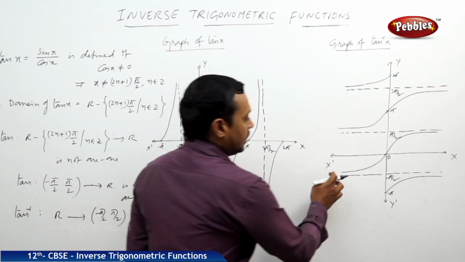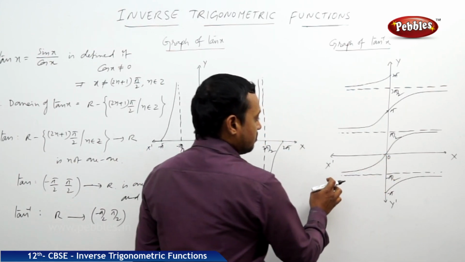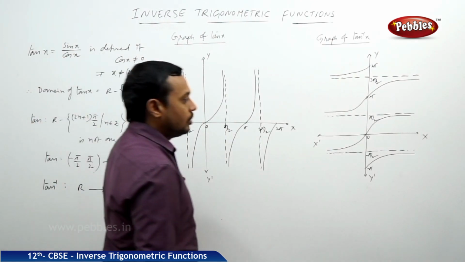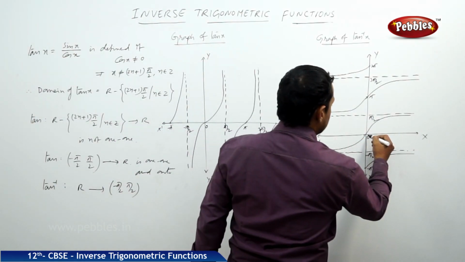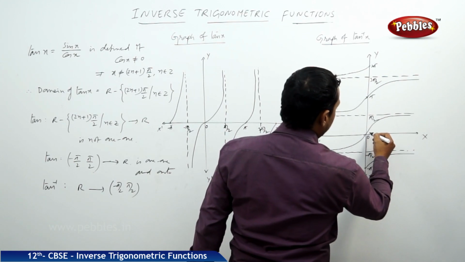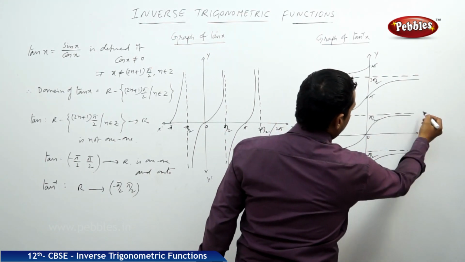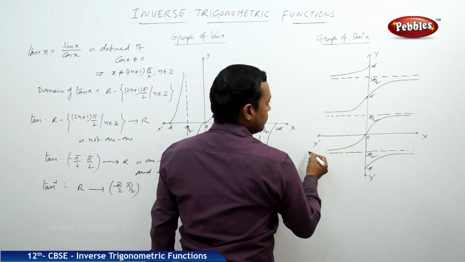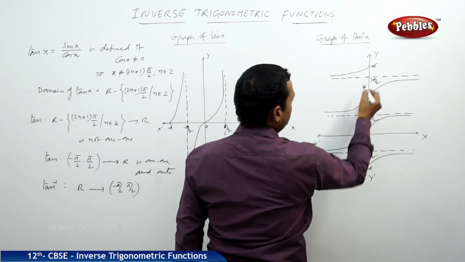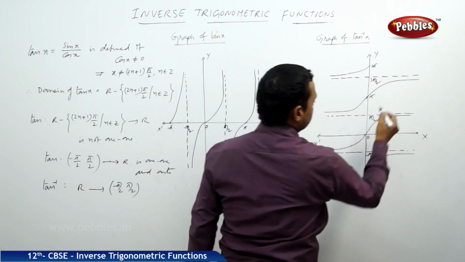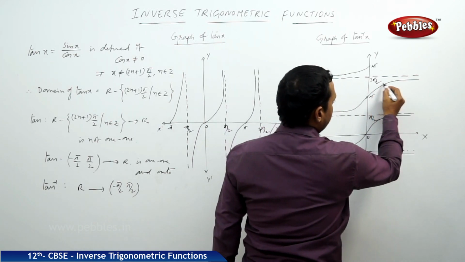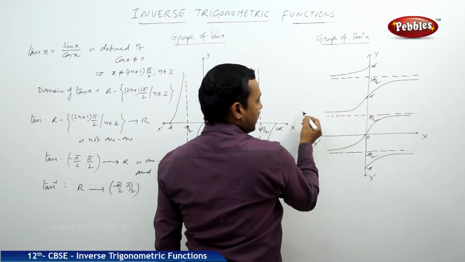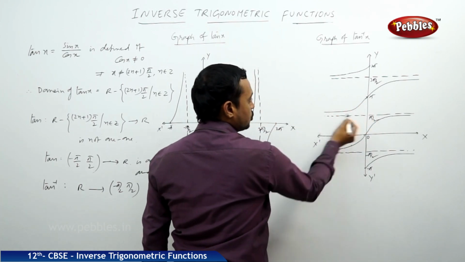So that is the graph of tan inverse x over R. Here tan inverse 0 is equal to 0, tan inverse of infinity tends to pi by 2, and tan inverse of minus infinity tends to minus pi by 2. Similarly, in the interval pi by 2 to 3 pi by 2 the graph is like this. As x tends to infinity, tan inverse tends to 3 pi by 2, and as x tends to minus infinity, tan inverse tends to pi by 2.